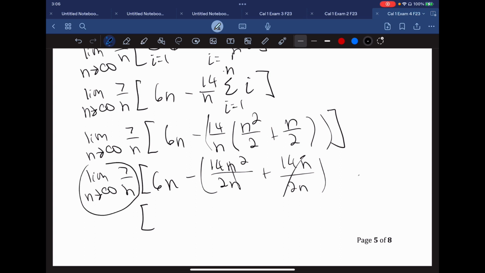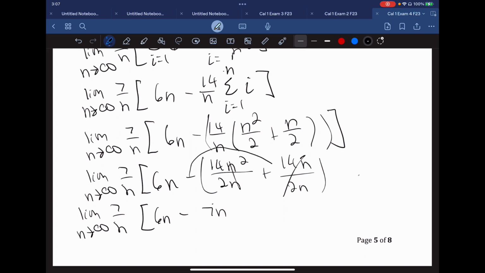So the limit as n approaches infinity, 7 over n, 6n minus 14n over 2. And this, let's just simplify that all the way down to 7 over n.